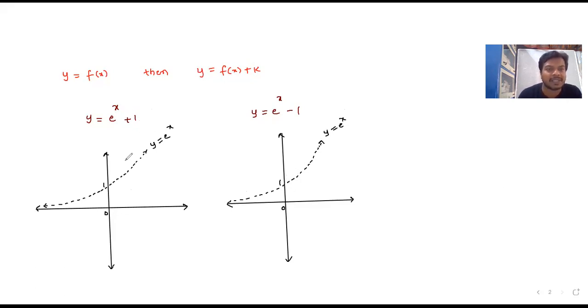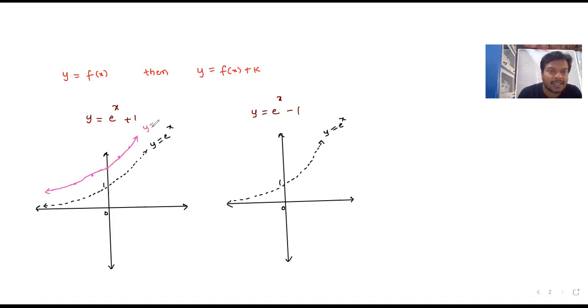When you have plus 1, automatically what we get, for which you have to add 1 unit, and for which you have to add 1 unit, then 1 unit for this. For each and every point of e power x, we are adding 1. Right? That means we get the graph of e power x plus 1 in this way.